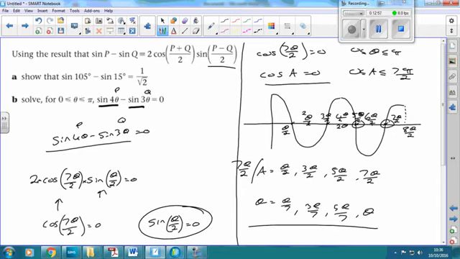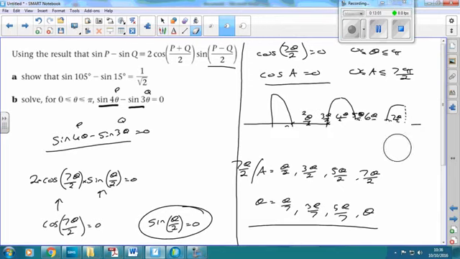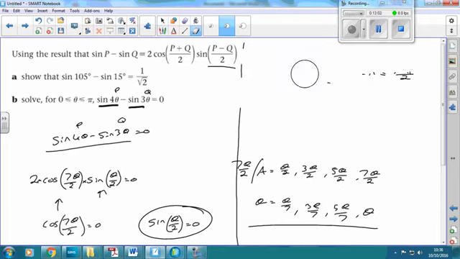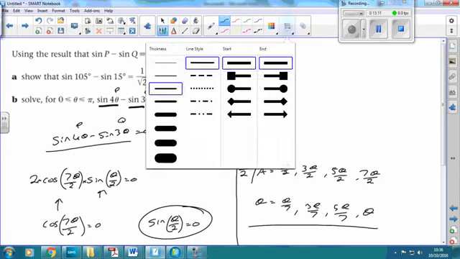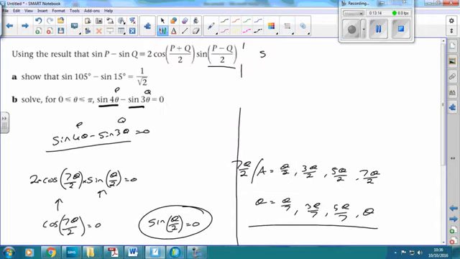Then we've got to solve this one. So in exactly the same way, we're going to solve sine of theta over 2 equals 0, where theta is in between pi and 0.